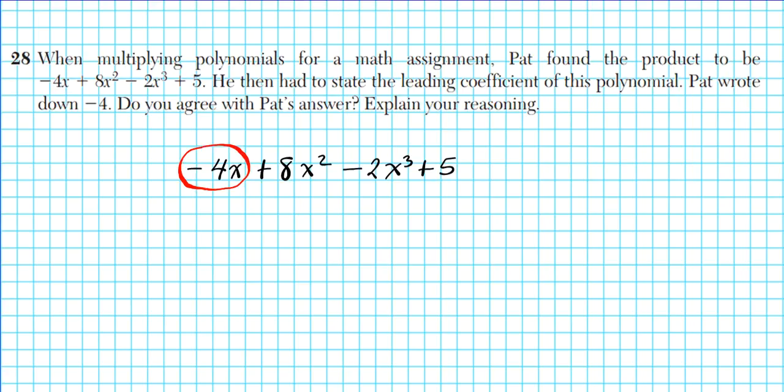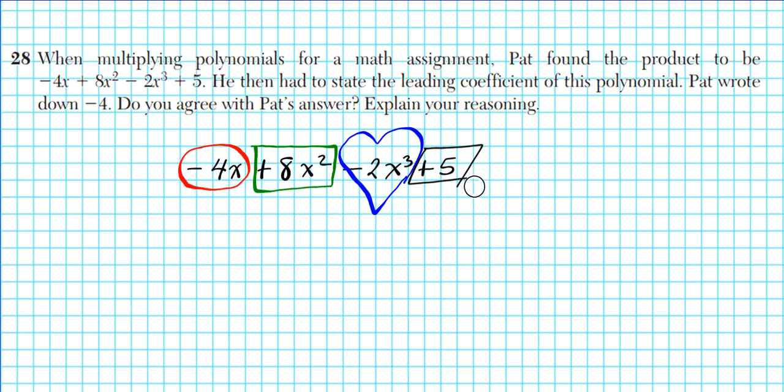We have the second term. Let's put that in a nice little rectangle. And then we have the third term. Let's put that in a heart. And then we have the fourth term. Let's put that in a parallelogram. Okay, so here we have 4 terms for our polynomial.